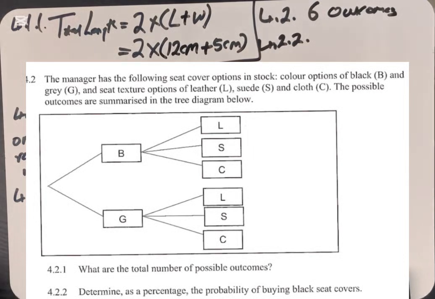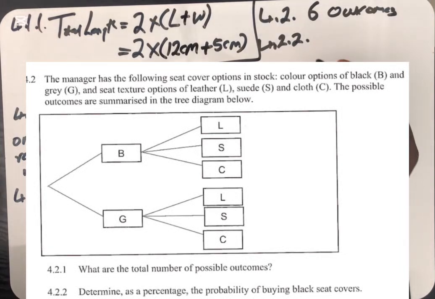Then 4.2.2. It says that determine as percentage the probability of buying a black seat cover. So probability, we know that there are 6 outcomes. Obviously, you are going to divide by 6. But now let's go and determine the black ones. B represent black. So if you can check here, 3 of them are going to be black.